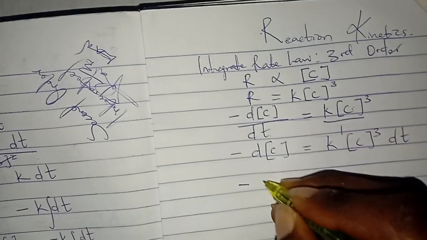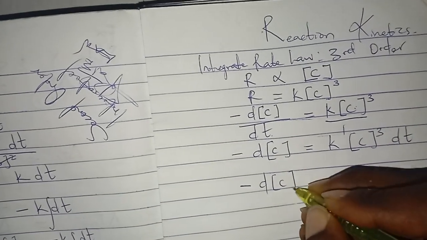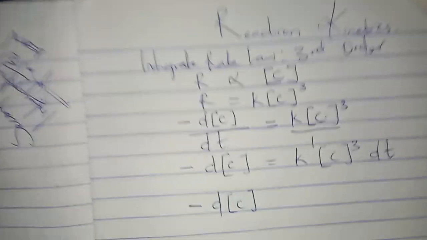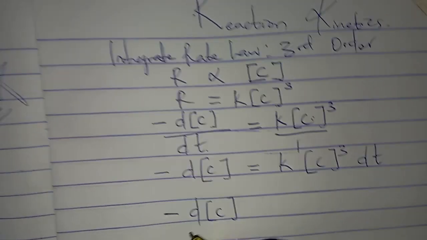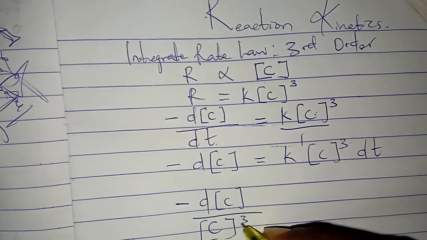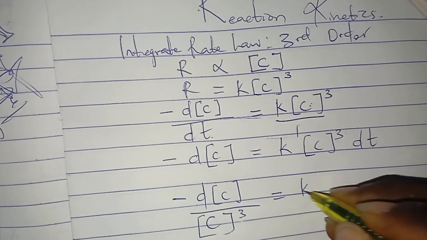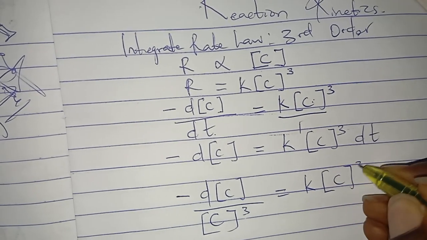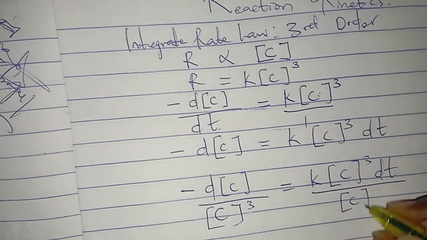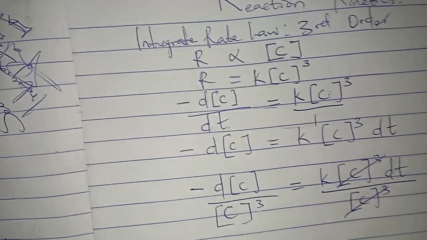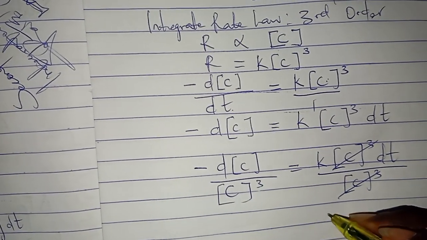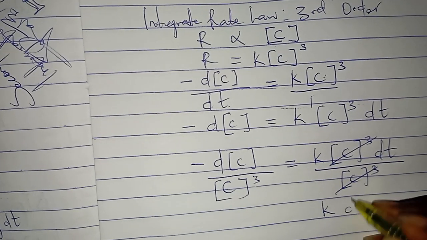At this point I can divide both sides by C raised to power 3, and this will take care of this, so that I'm now left with K change in t.